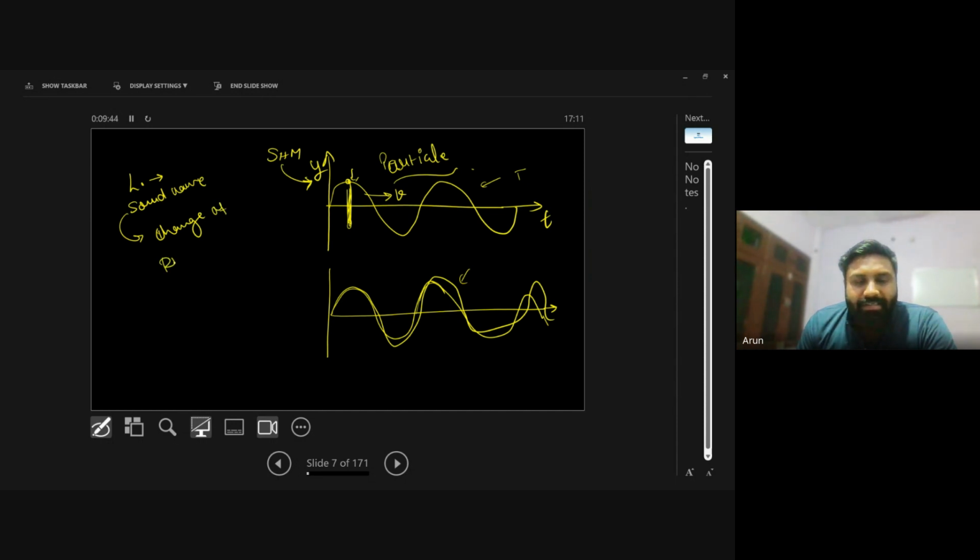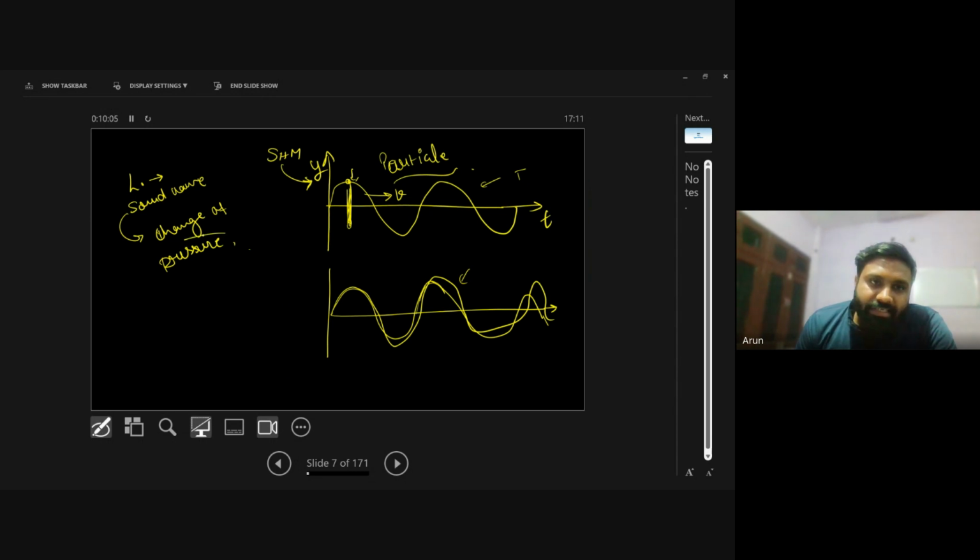Change of pressure, we have seen in the previous lecture that compression and rarefaction will form in the sound wave. So if we want to represent the pressure as a function of time or a function of displacement, we can also use this.